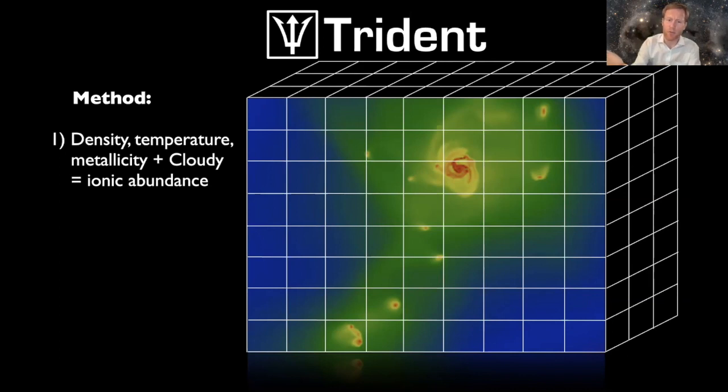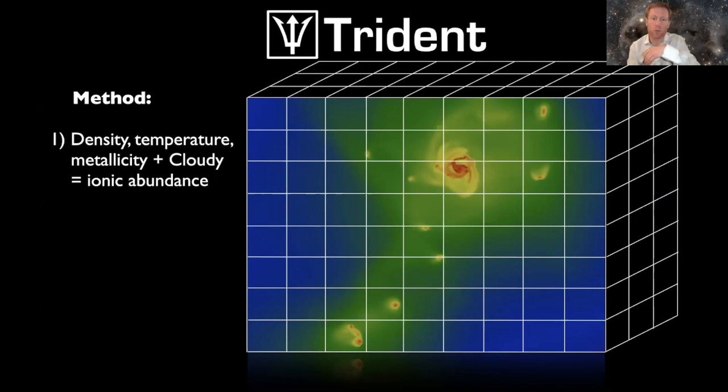In this case, I've represented this as a grid, a volumetric data set as a grid, but obviously this applies equally well to particle-based data sets and incorporates all of the YT4 support for particle data sets natively. So we take the distribution of temperature, density, and metallicity and feed that into a lookup table that was composed of many different Cloudy simulations, and that spits out the various different ions that we might care about.